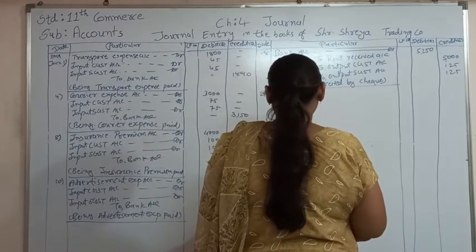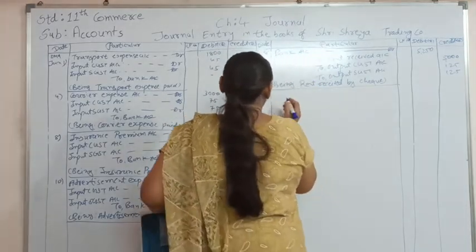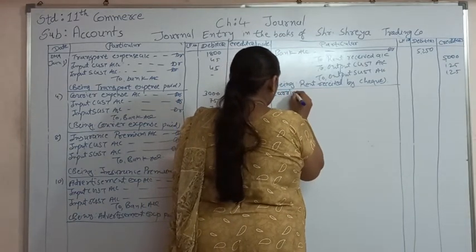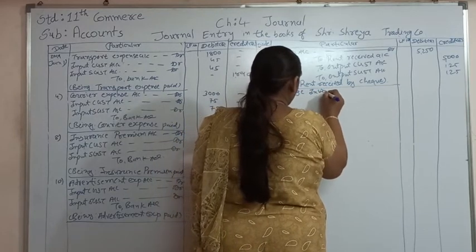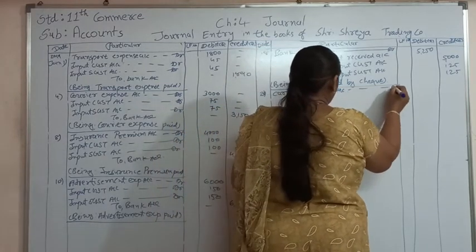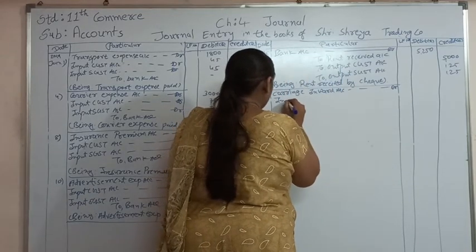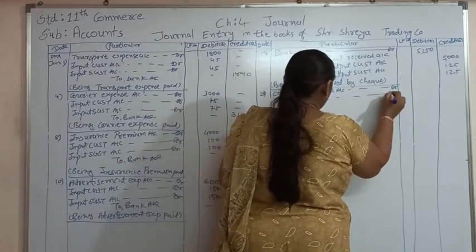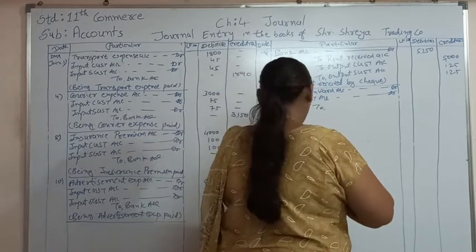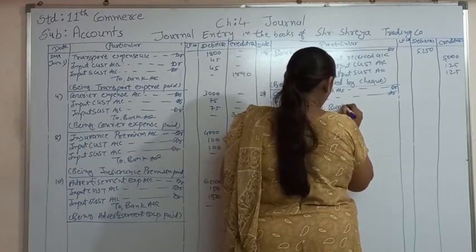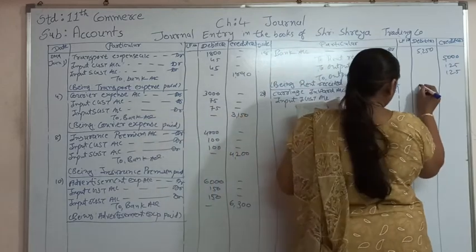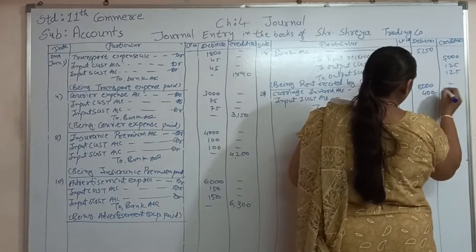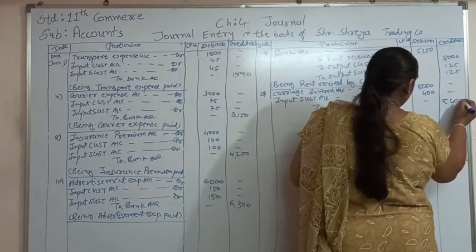So here on date number 20, carriage inward account debit, input IGST account debit to bank account. Here we have paid 8,000 and 5% of 8,000 will be 400, so 8,400.